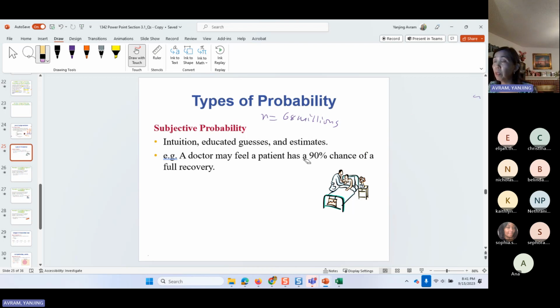And this subjective probability, of course, 90% is not always correct. Maybe sometimes more than 90% will get a full recovery, and it depends on the patient's medical history. Some people got 90%, some people probably got 95%, some people might just get 80%. If you have the same injury, but depending on the person's history, they might have a different percentage. But that is the doctor's best guess. So that is called subjective probability.